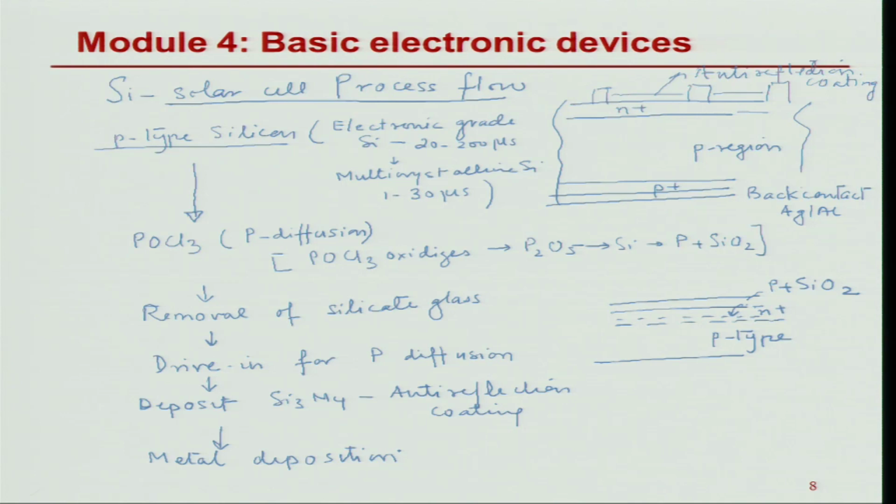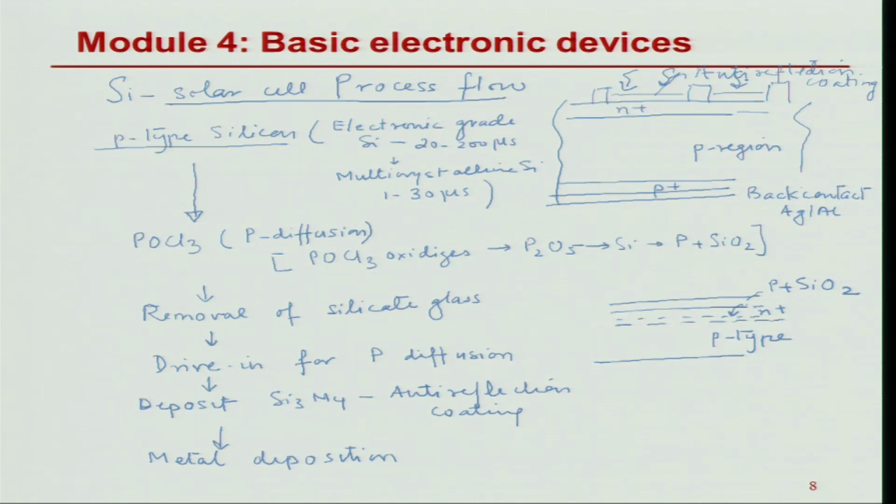Now here one can use an expensive technique, photolithography, but on the other hand, people have shown that by using things like screen printing of a silver paste, one can make these contacts. If I put silver paste everywhere, then there is no way for the light to come in, as the light is coming in from this direction.